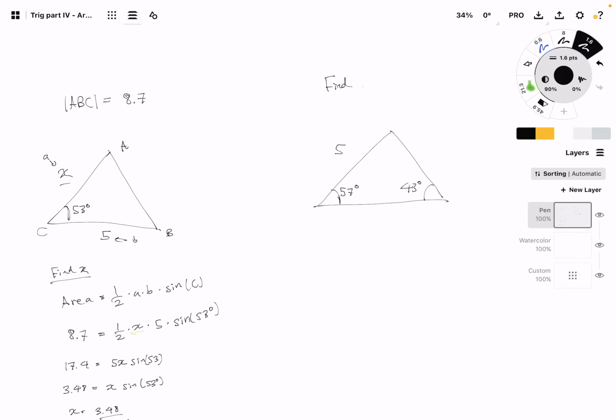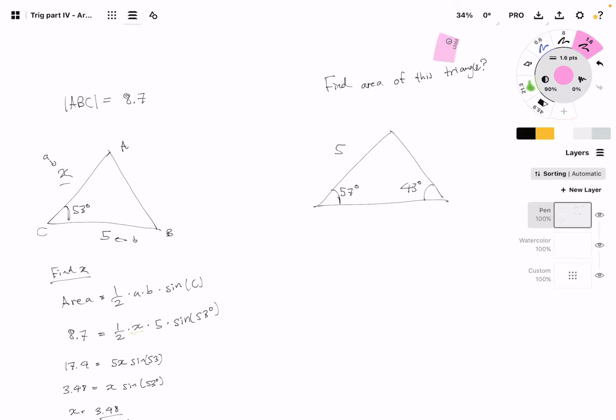Let's say we're asked to find the area of this triangle. This is a more complex application.